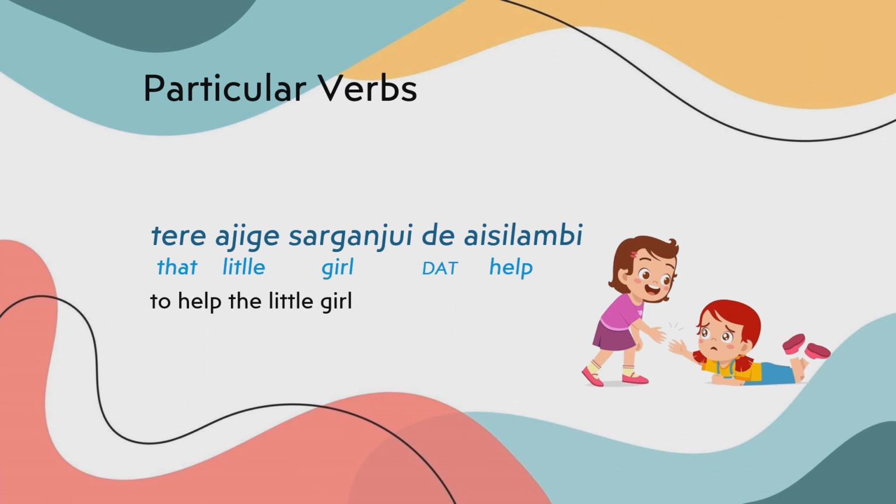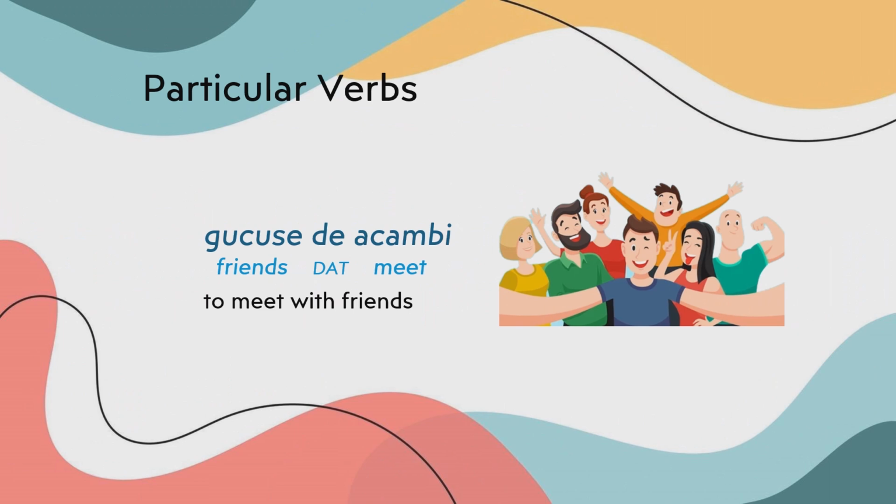Ajilam, we can say to help the little girl. Here, maybe you think the little girl, the one who got your help, should be the direct object of help. But in Manchu, we just use the dative on the little girl, not the accusative. Then achim, for example, to meet with friends.